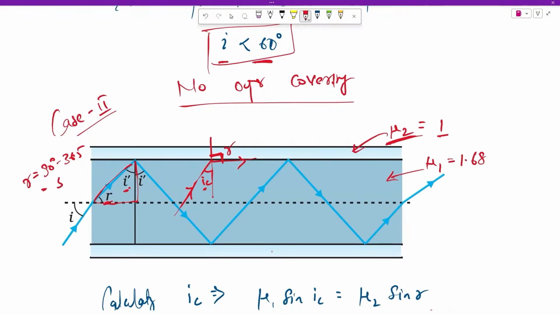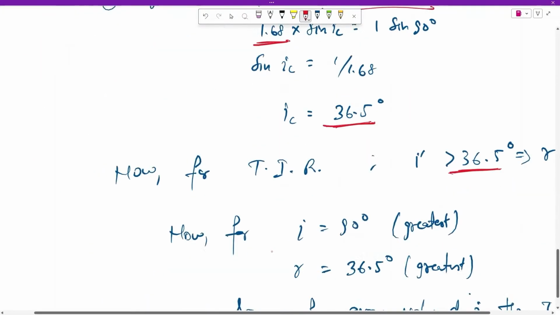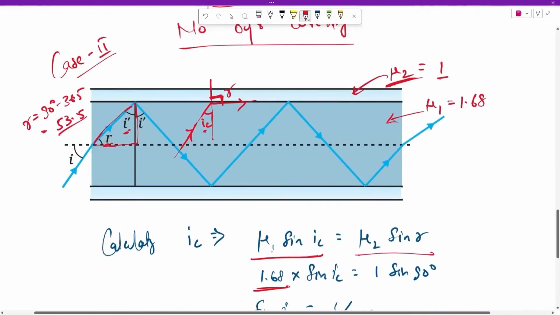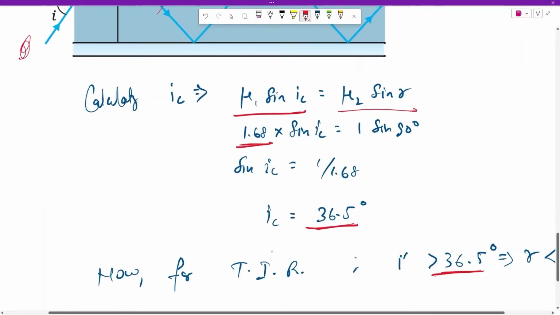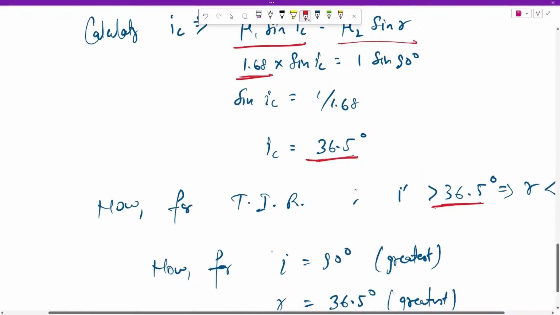That will give us a value of 53.5 degree. So the maximum value of R should be 53.5 degree. Now we saw in this case that since this media and this outer covering apart from the glass core media is the same with refractive index of 1, for this angle IC, automatically the angle of refraction is getting 90 degree.